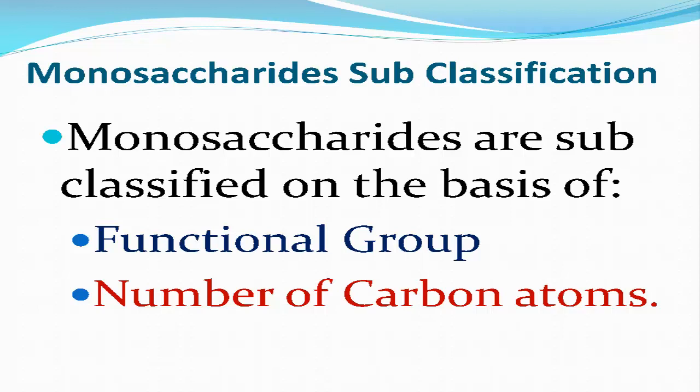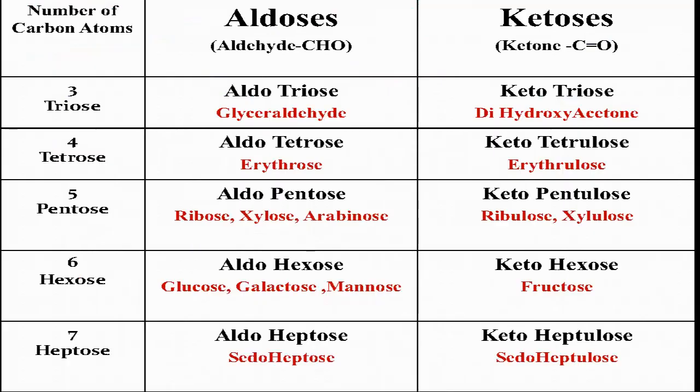So here we can see that if the functional group is aldehyde, that is CHO, you must have learnt about it in chemistry, then those monosaccharides will be known as aldose. And if the functional group is ketone, that is C double bond O, then those monosaccharides will be known as ketose.